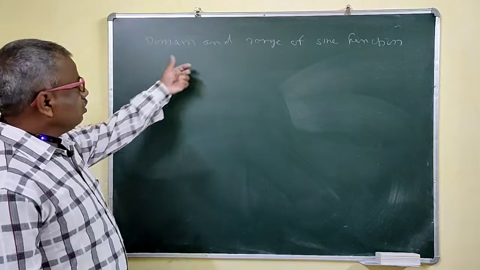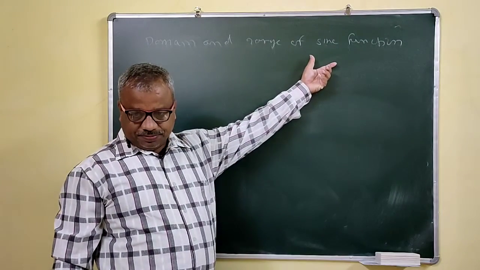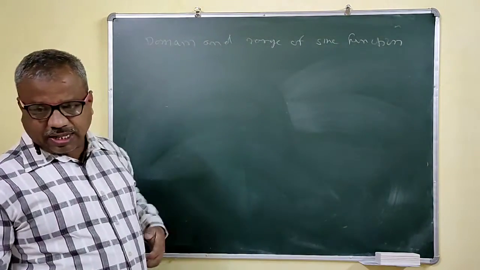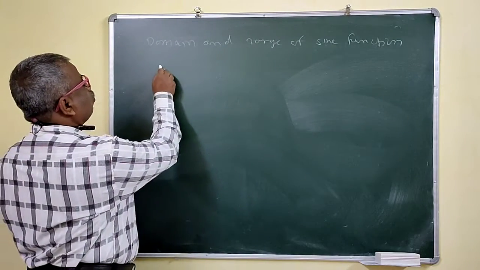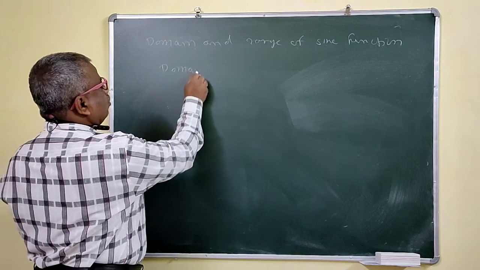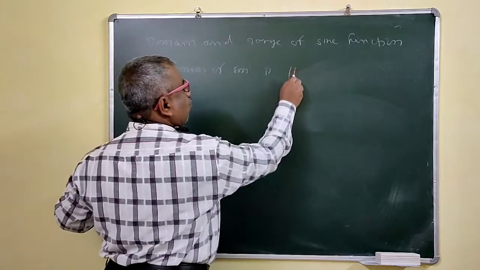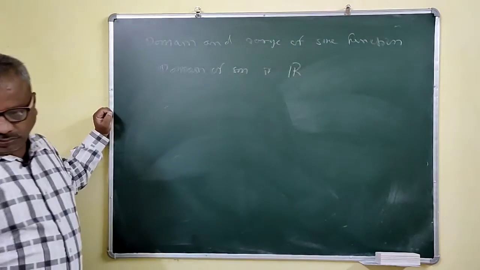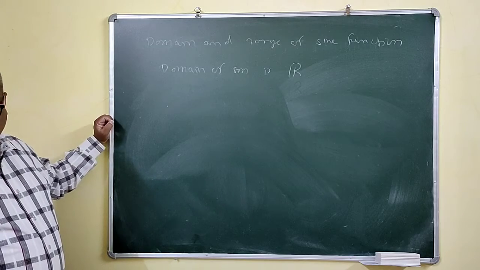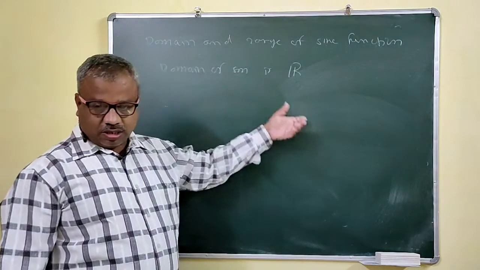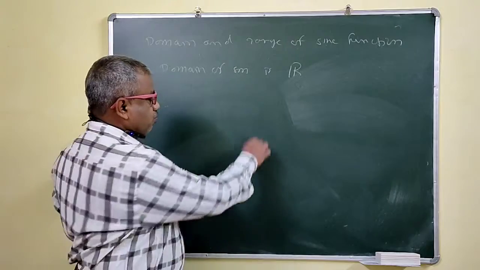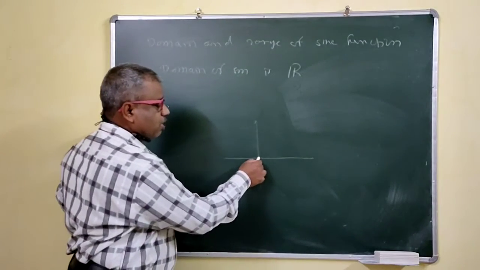You can find sine of any angle, right? So domain of sine is whole R, because there is no denominator, right? So sine and cos you can find anywhere.